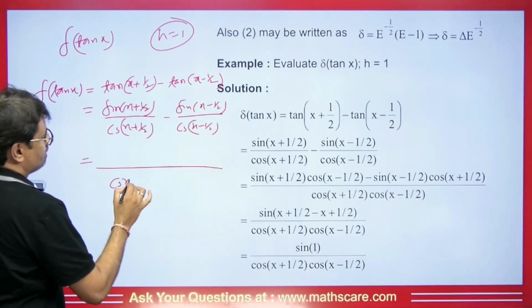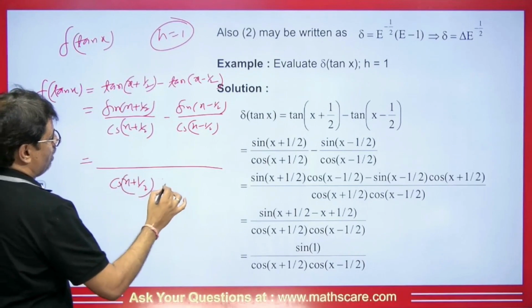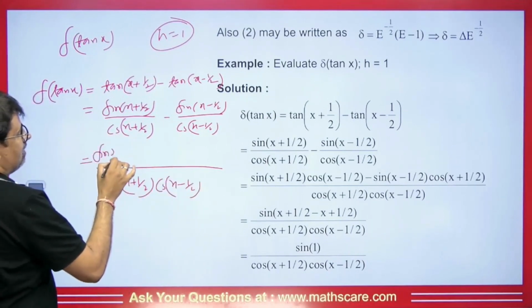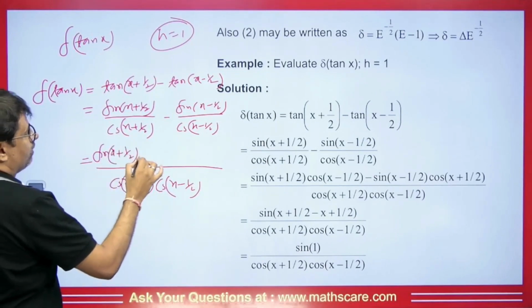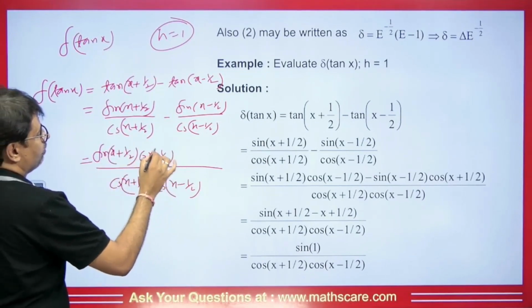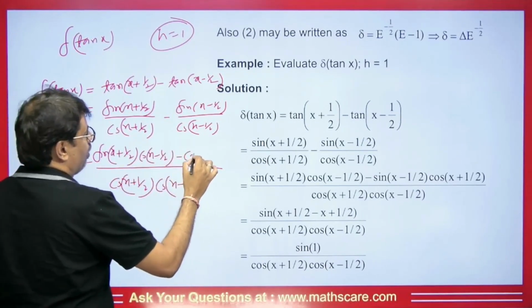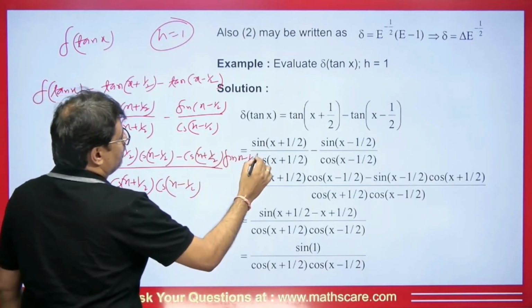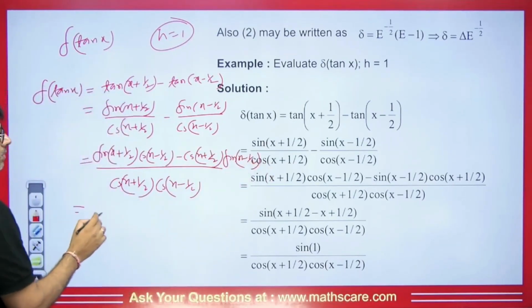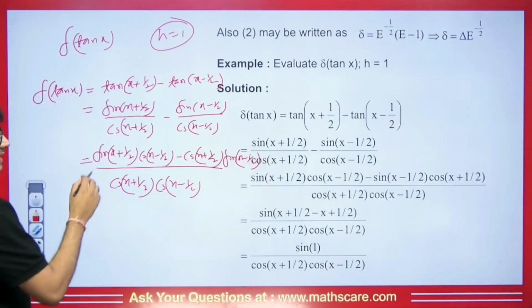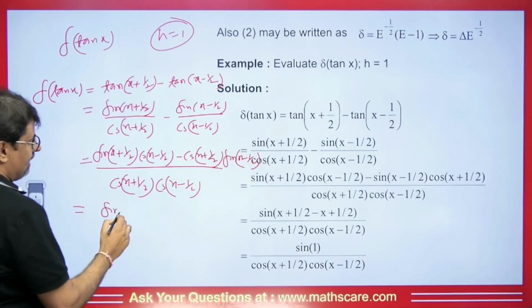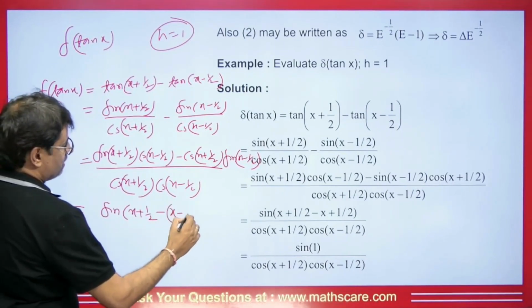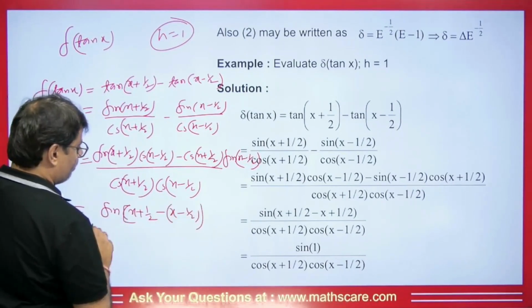When we take the LCM, the denominator will be cos(x + 1/2) into cos(x - 1/2). The numerator will become sin(x + 1/2) into cos(x - 1/2) minus cos(x + 1/2) into sin(x - 1/2). The formula is sin A cos B minus cos A sin B, right? So this is sin(A - B), that is sin of (x + 1/2) minus (x - 1/2). Clear, right? This is the formula, students.